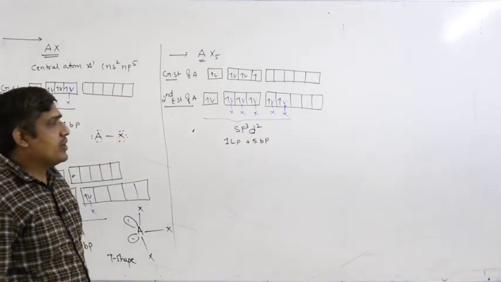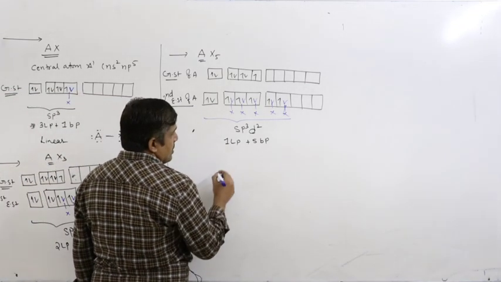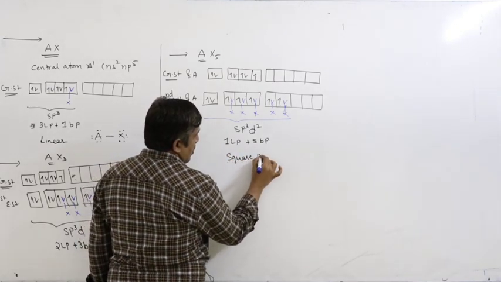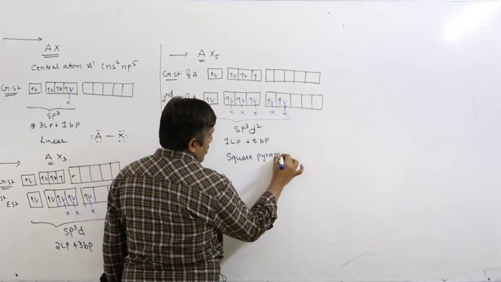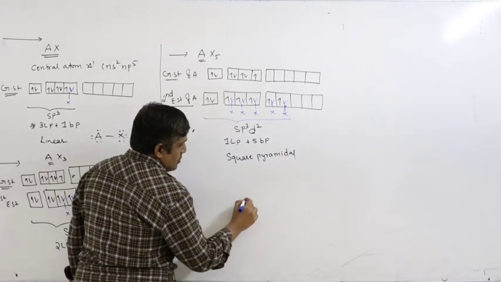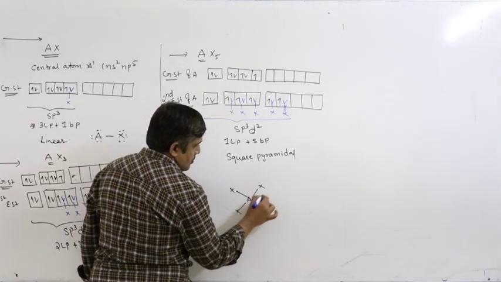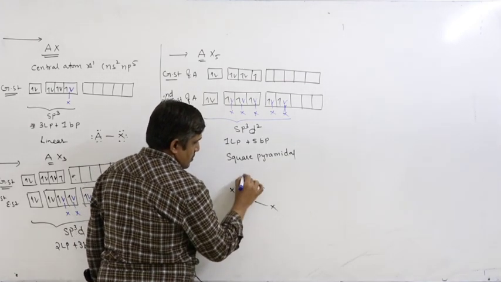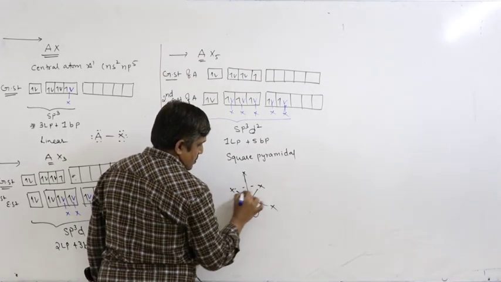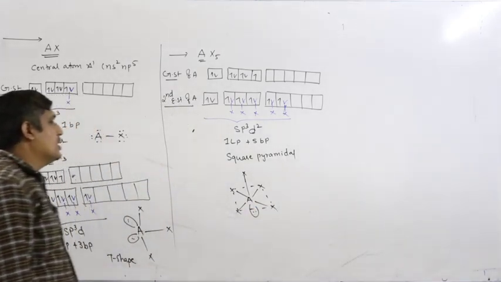So the shape will be square pyramidal. This is a square pyramidal structure.